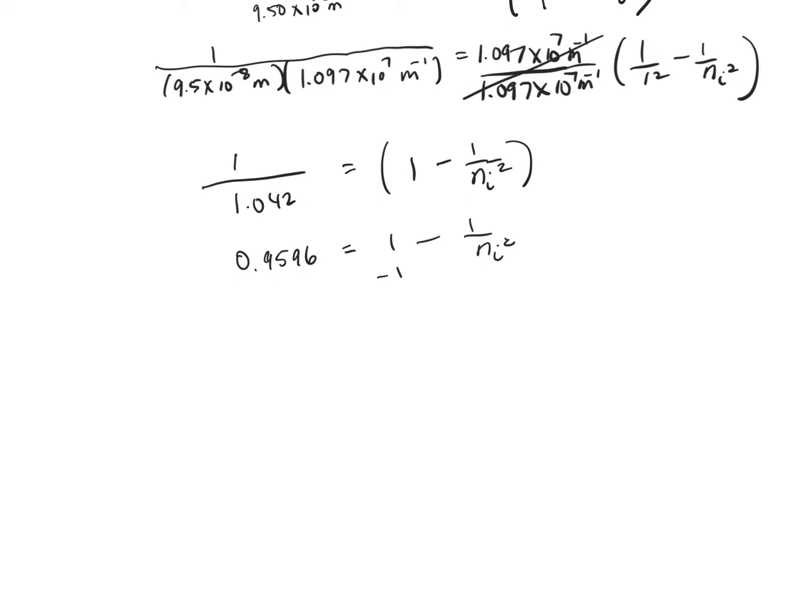So 0.9596 minus 1 will be equal to negative 1 over n initial squared. The left-hand side is negative 0.0404, and then you have negative 1 over n initial squared.